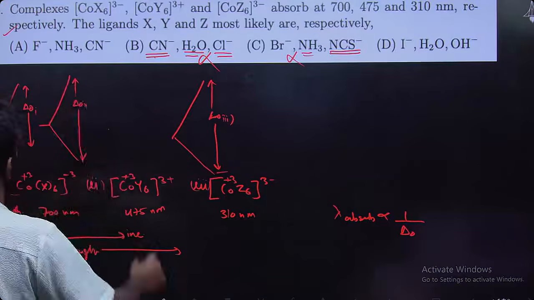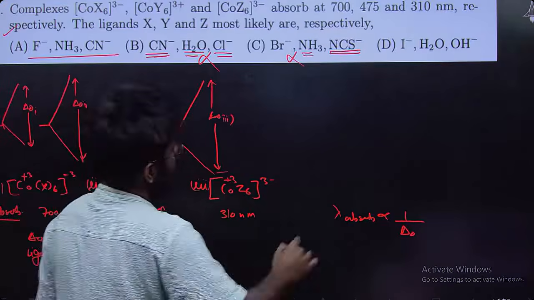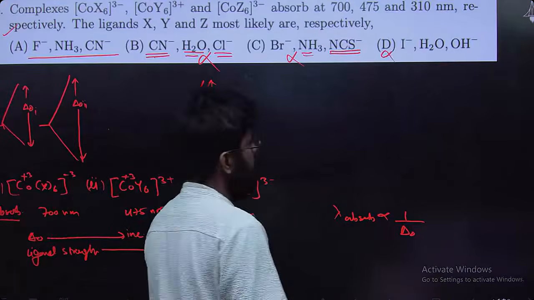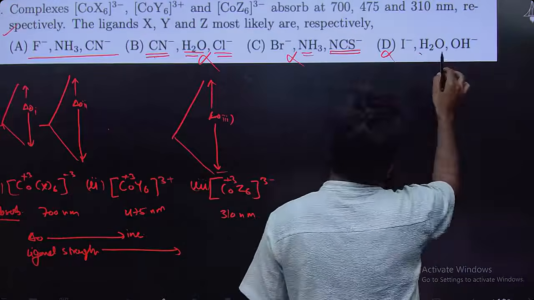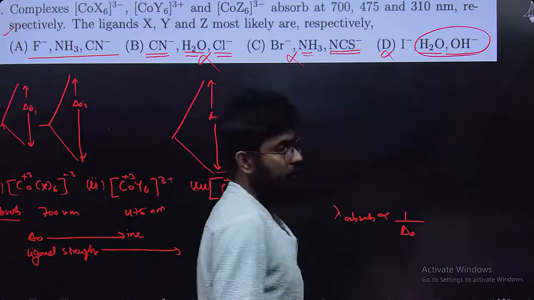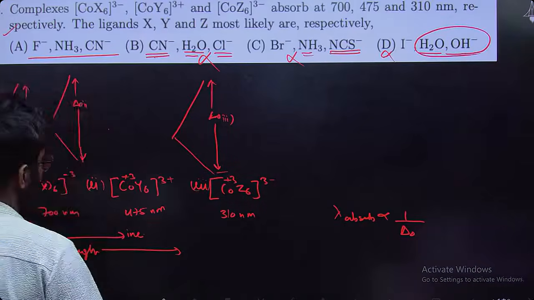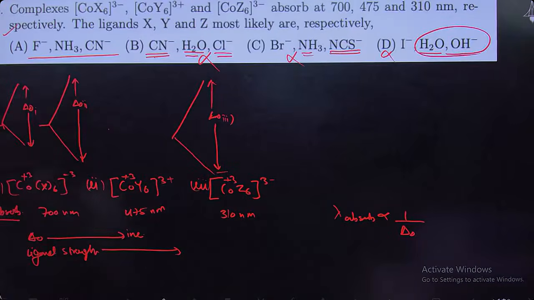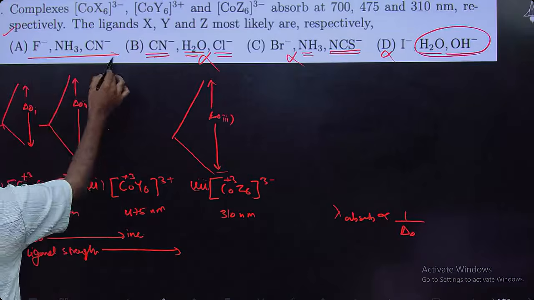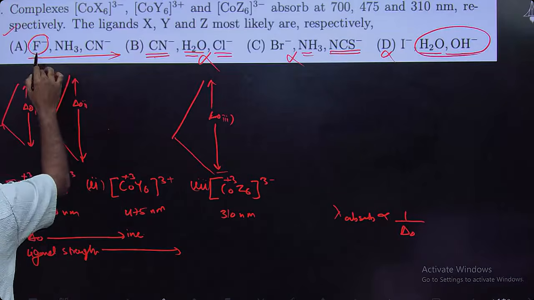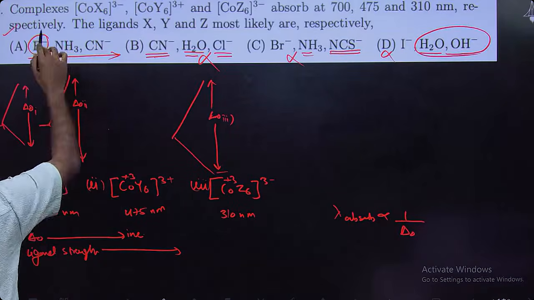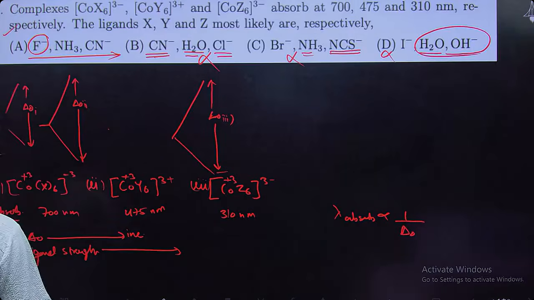And the only one that correctly follows is this order, because even this is not following it correctly, since both OH2 and OH minus will have almost comparable donating tendency, because the metal and the surroundings are almost similar. So this is the correct option: in the first complex, CoX6 3 minus, F minus is the weakest ligand.